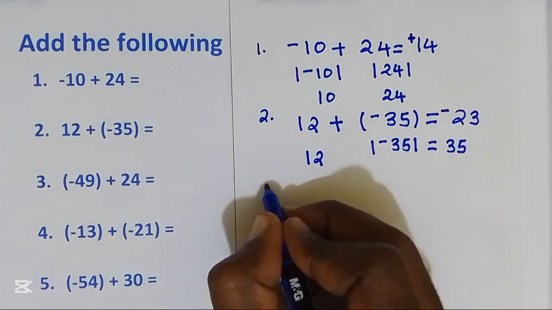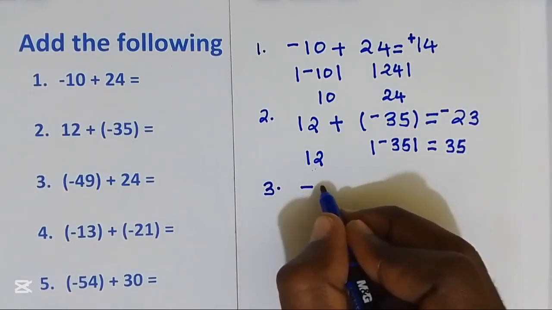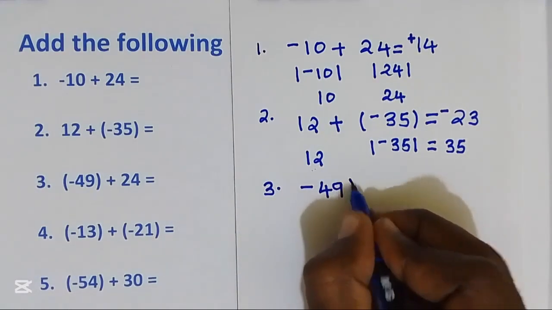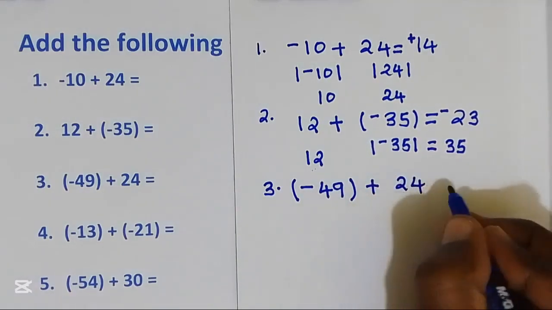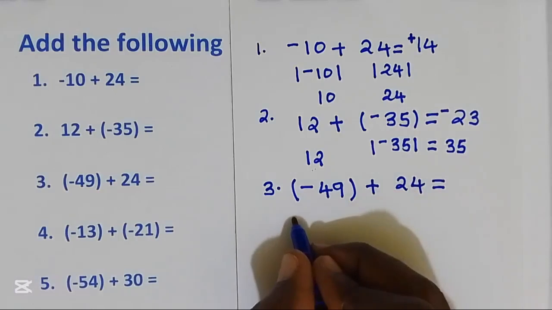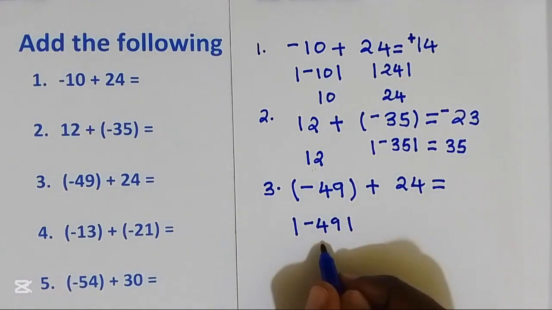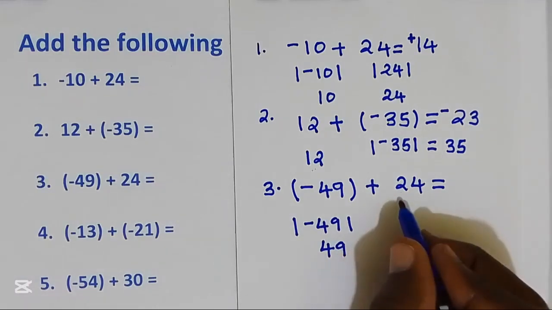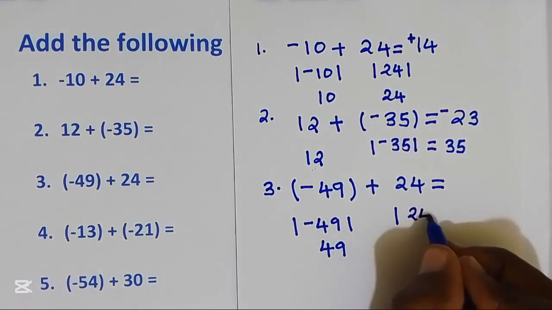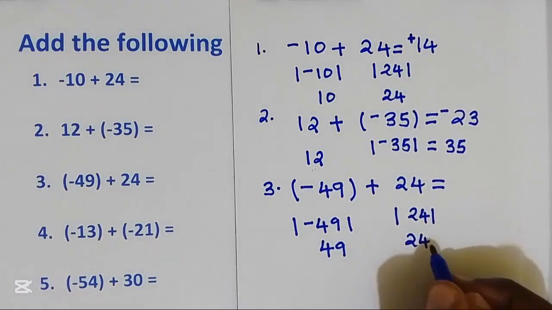Let's do question number 3. We have minus 49 plus 24. We are going to take the absolute value of minus 49, which will come out as 49, and also we are going to take the absolute value of 24, which will come as 24.